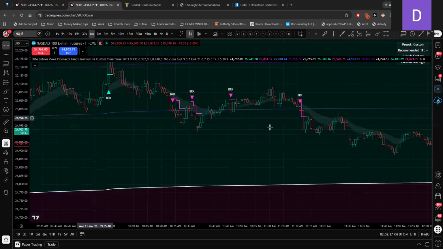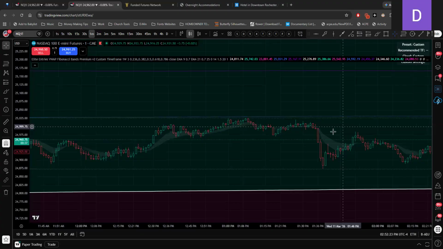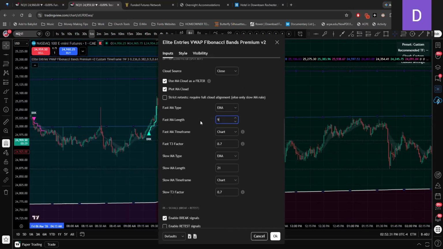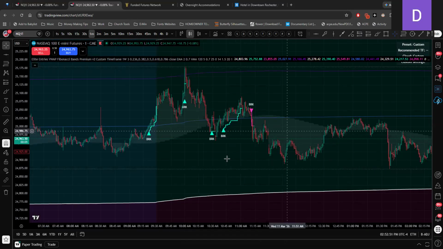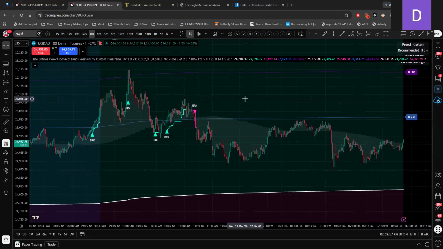Weekly time frame, and I have my custom set to 2, 120, set to HMA, and I'll put this on 5 minutes. Okay. Now, today was a pretty choppy day, but you still got some good trades.